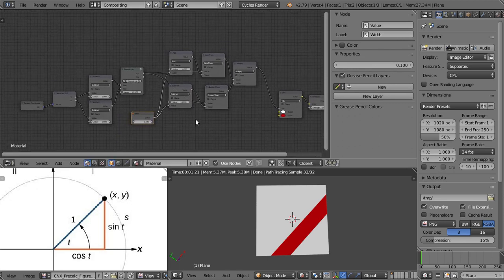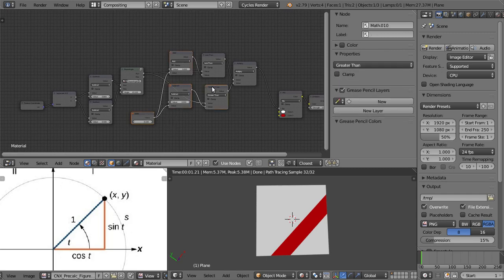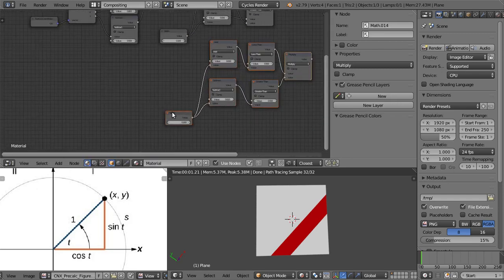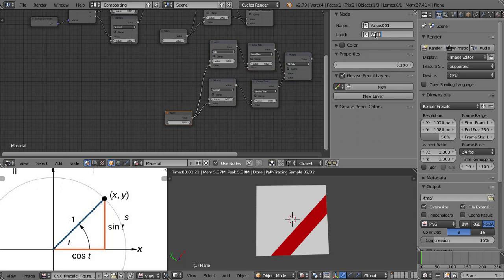So all of these are for widths. Let's make this a square. Copying all of that. Let's change this one to height.